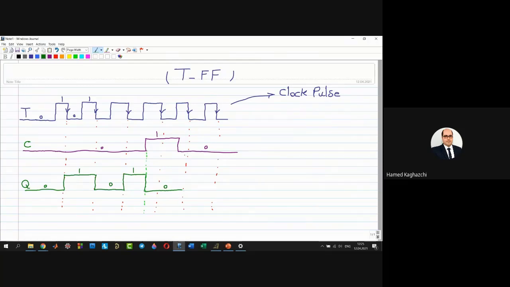Up to the time that my clear signal is again set to 0. After that, again, according to the downward edge of the transition signal, I can have the complement toggle in the output.